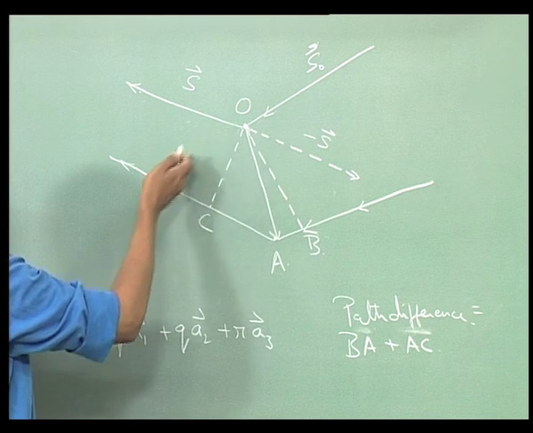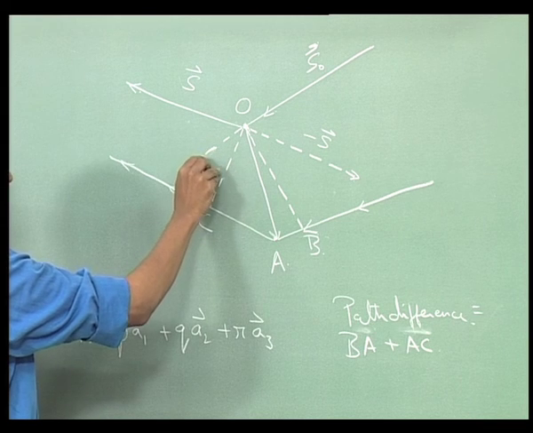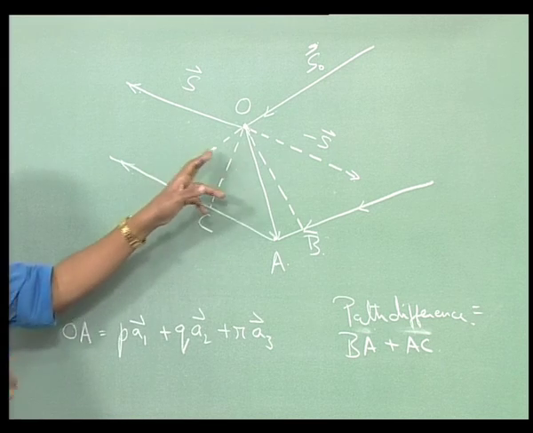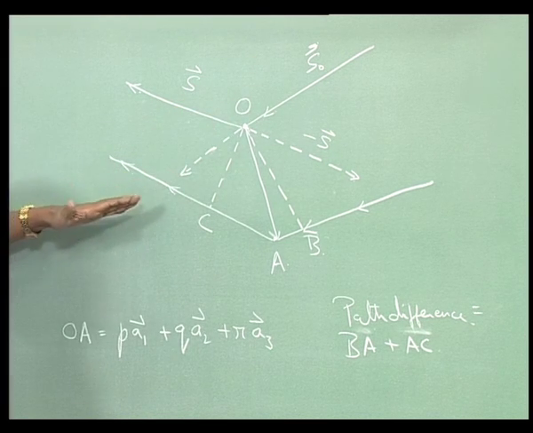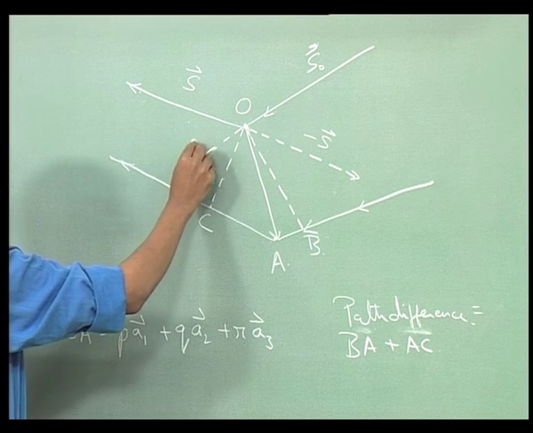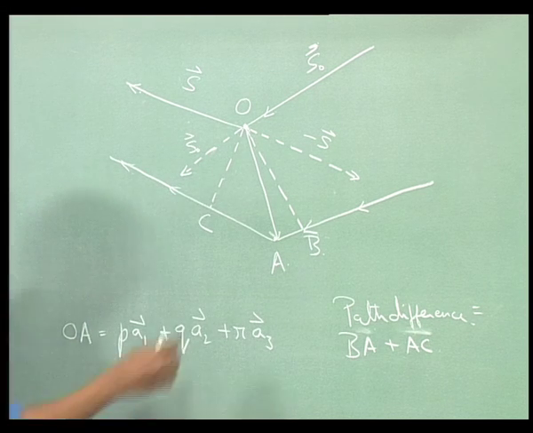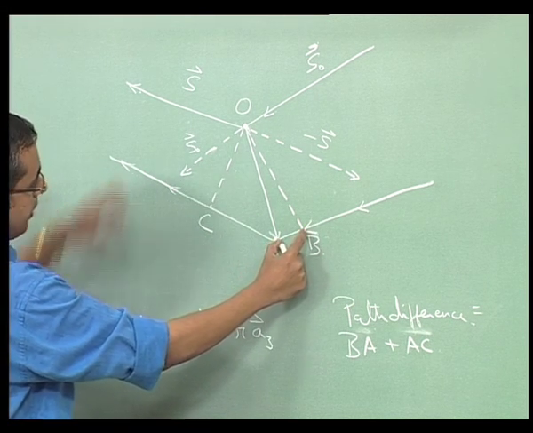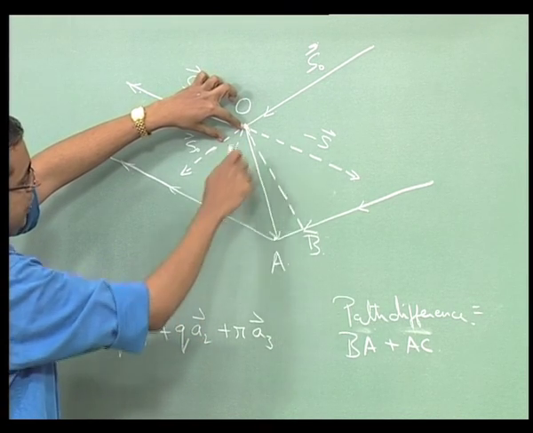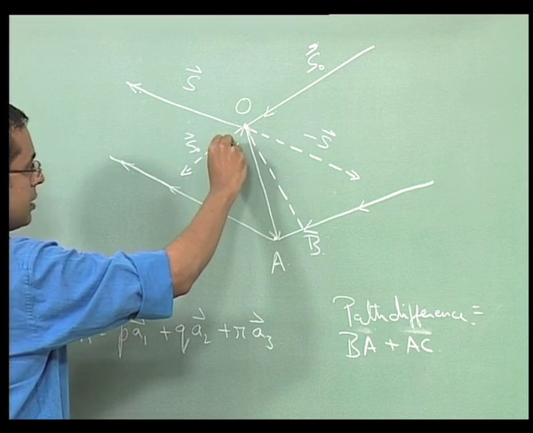If I extend this line forward, this is in the same direction as S naught. I have not changed the direction, I am continuing in the same direction with respect to the origin, and so this is still S naught. Now I will simply look at this direction AB along this. To do that I have to just draw a line parallel to this starting from here, so that will come out to something like this.